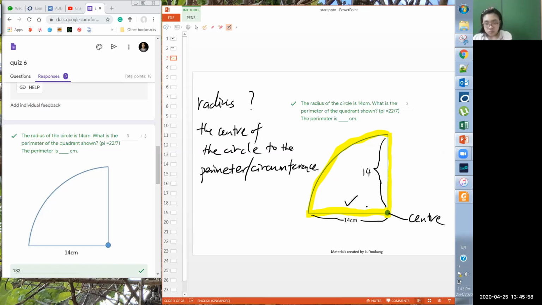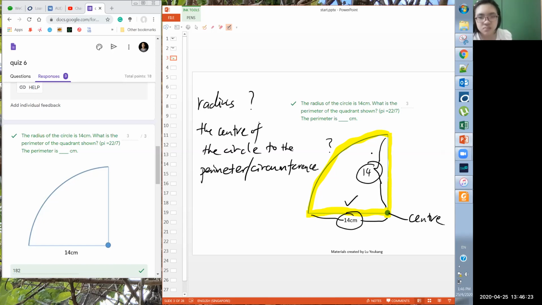So in order to find the perimeter, you already have this one. You also have this one. So now, which one do you need to find? You need to find this one, the curve. So how do you find the curve? Perimeter is plus.